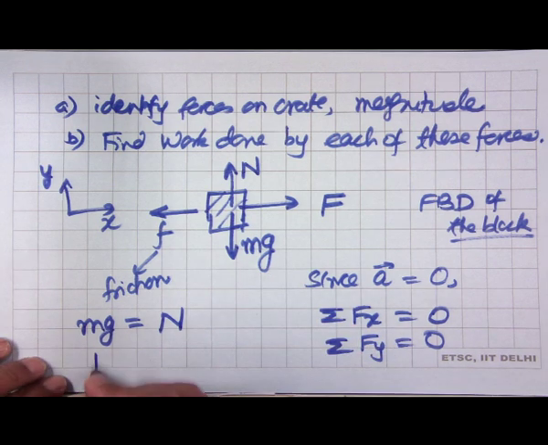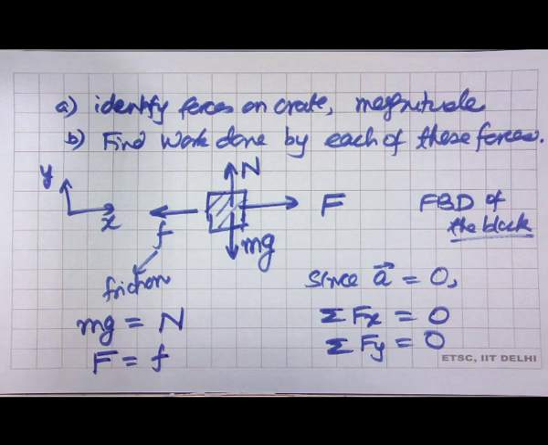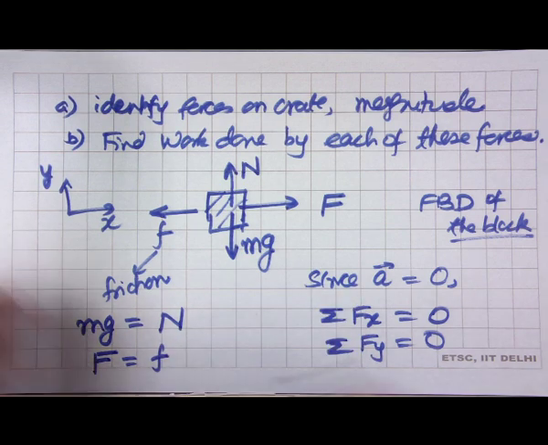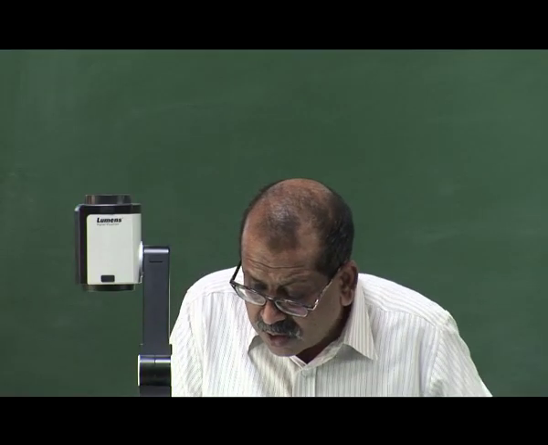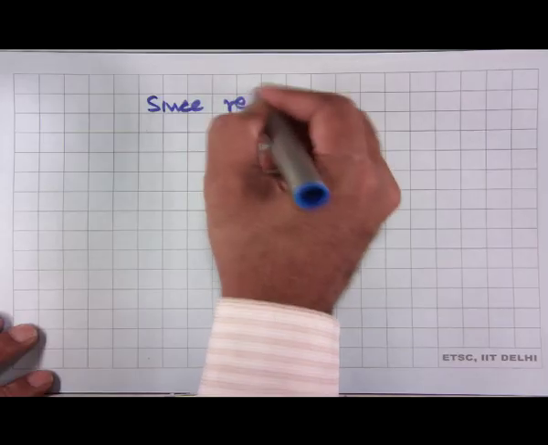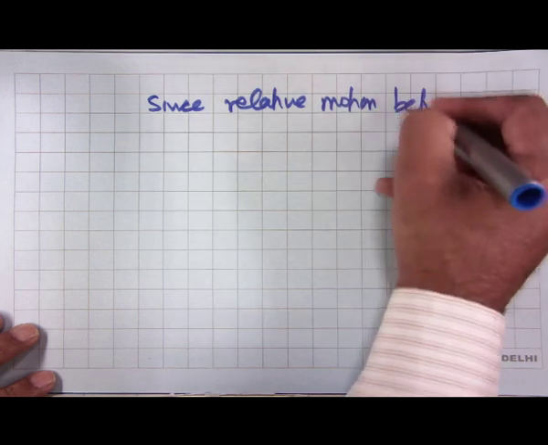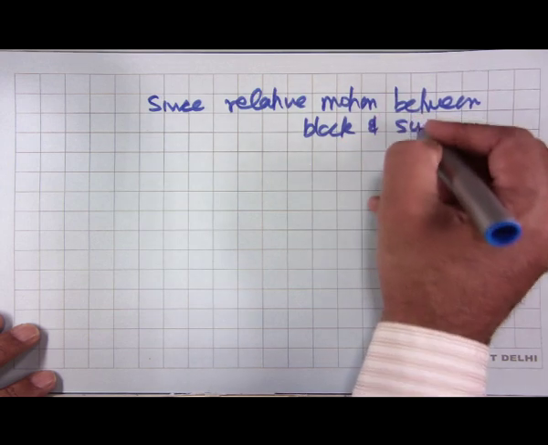And also what we know is this force F is equal to the force of friction. Now, what we also know is our laws of friction: because the block is moving, there is relative motion between the block and the surface.